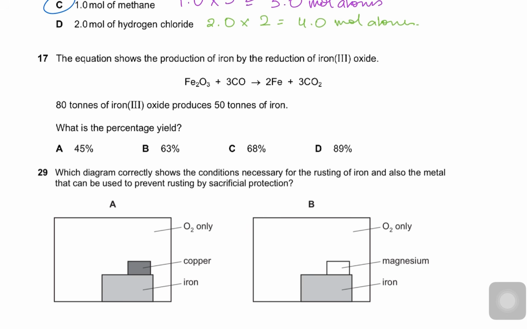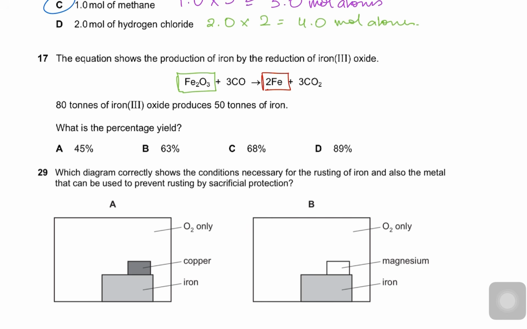You can see 1 iron 3 oxide makes double iron. What's the mass of 1 iron 3 oxide? The mass we have to calculate using the MR. So we can say iron has a mass of 56, so 56 times 2 plus there are 3 oxygens.